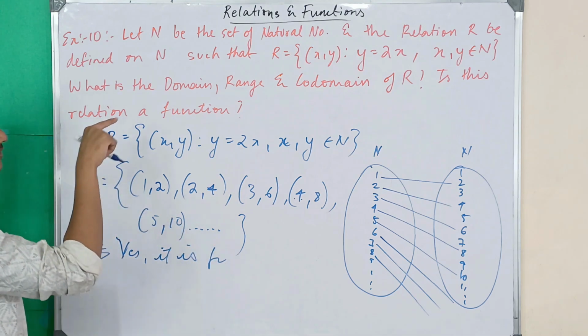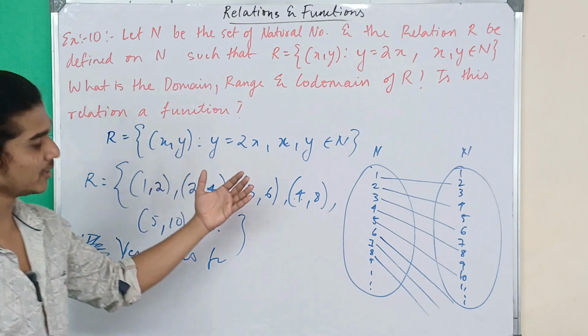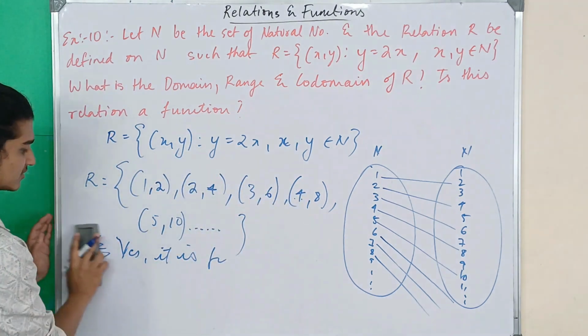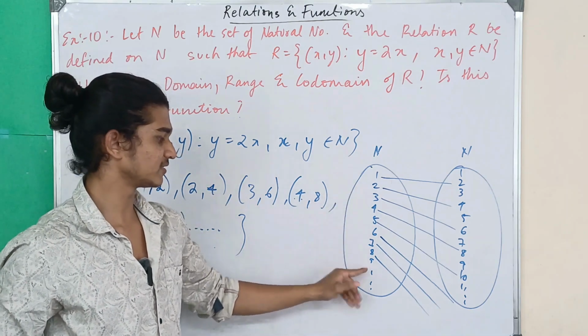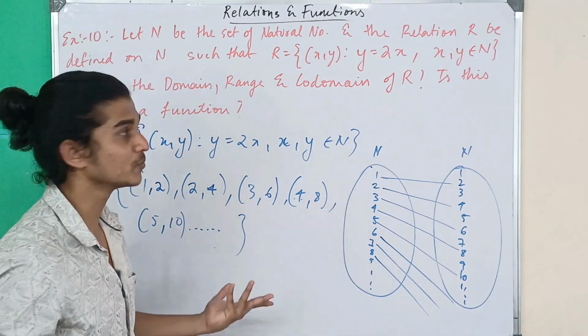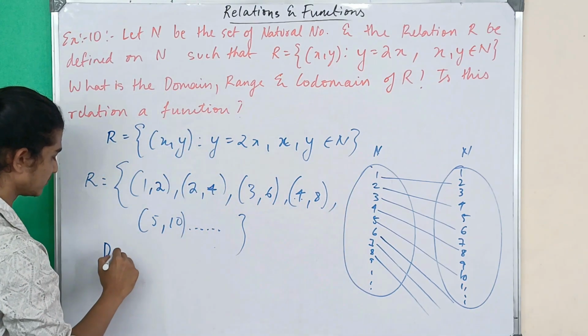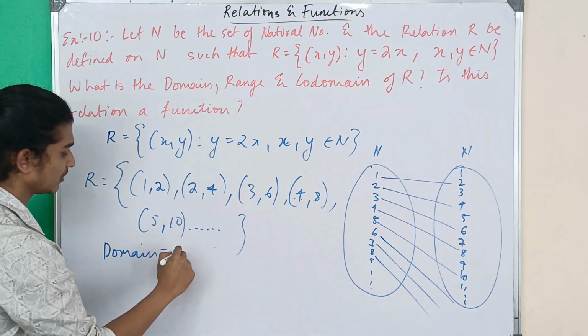And then they're asking us to find the domain, codomain and range. As I told you, domain is all the inputs which you can give. So what are all the possible inputs? 1, 2, 3, 4, 5, 6. Every single natural number could be taken as domain. So our domain is the set of all natural numbers.